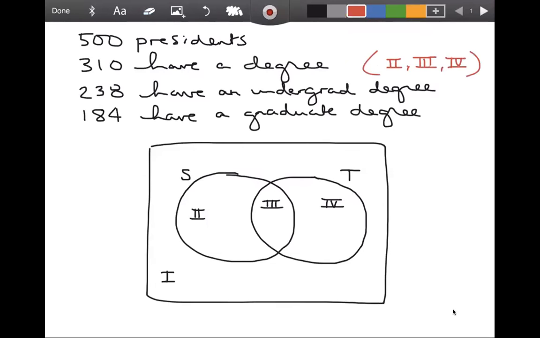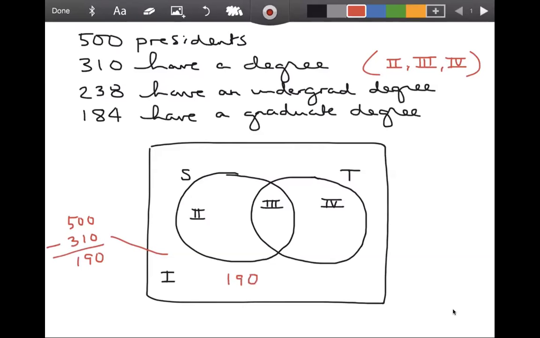So now, since 2, 3, and 4 add up to 310, that must mean that region 1 is 500 minus 310, which is 190. All right, so there is one of the basic regions.